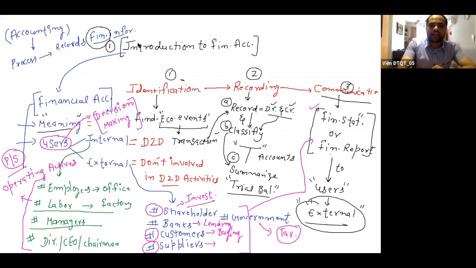So the idea is that for all the decisions related to tax and generating revenues, the government needs financial information, right?